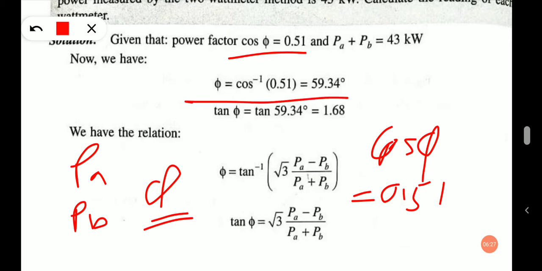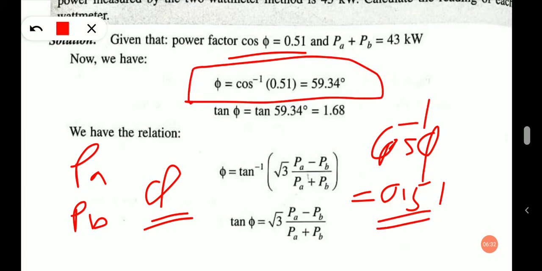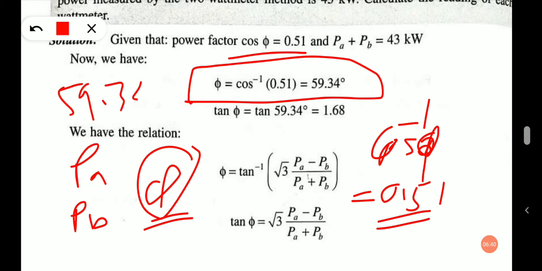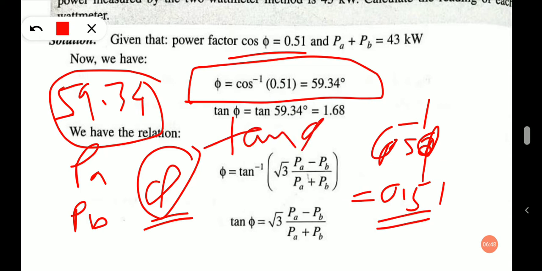So phi is the cos inverse of 0.51, that is we will get phi as 59.34 degrees, and from that value of phi we will calculate tan phi, and that is 1.68.